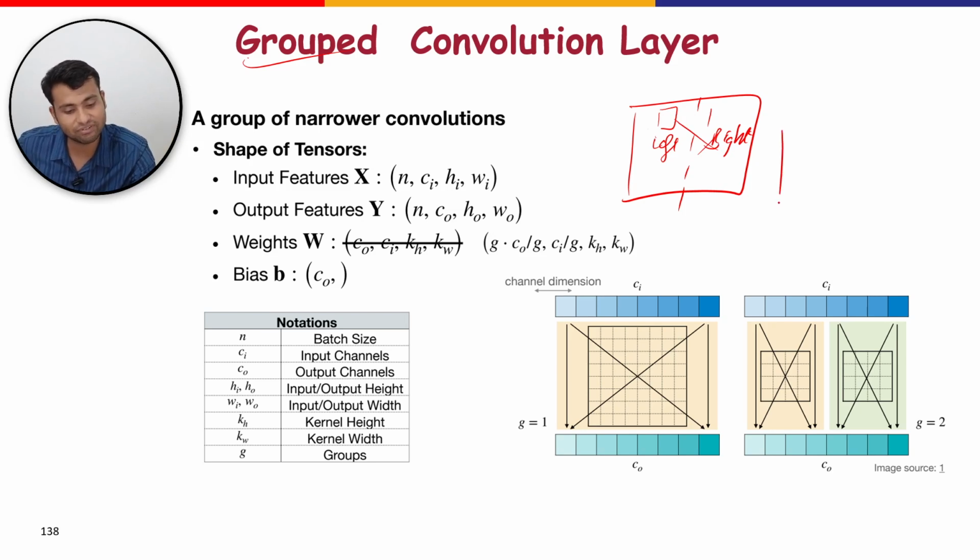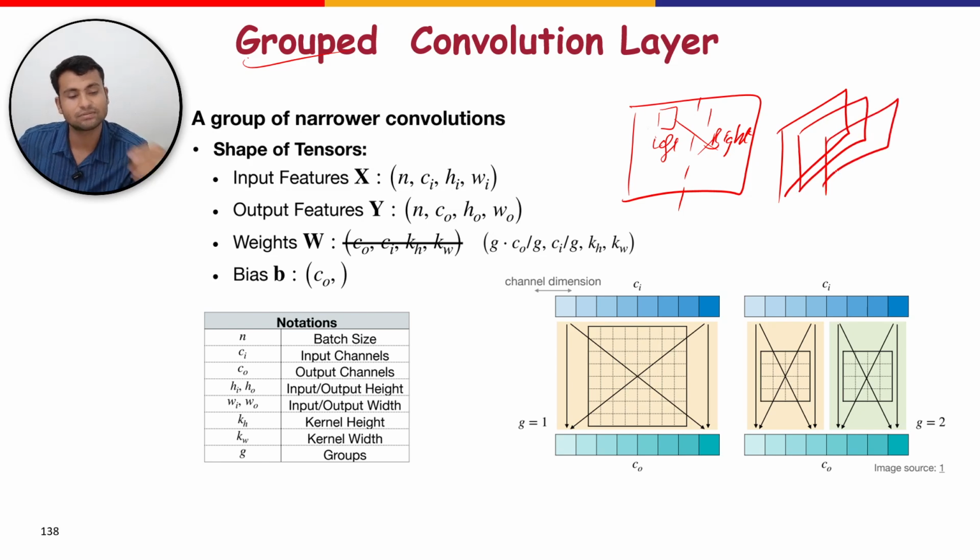Instead of left and right, if there are 3 different channels, RGB channels let's say, then why do we need a convolution which is looking at all these 3 dimensions together? In the previous discussion, what we had said was that this channel dimension Ci has to match with the channel input of the filter which we are convolving it with, right?